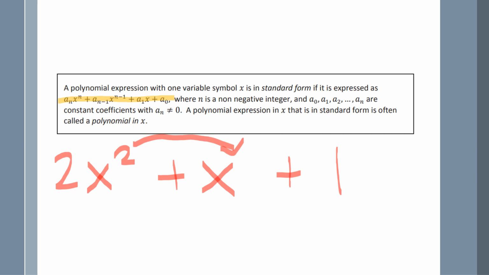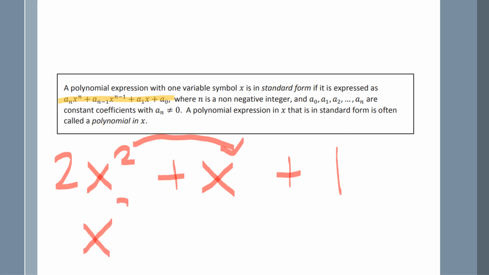You will know that this is a quadratic function because of this, but this is also called a polynomial because you have more than one term. You have an expression with multiple parts with exponents. So when you have exponents that decrease, you have a polynomial.